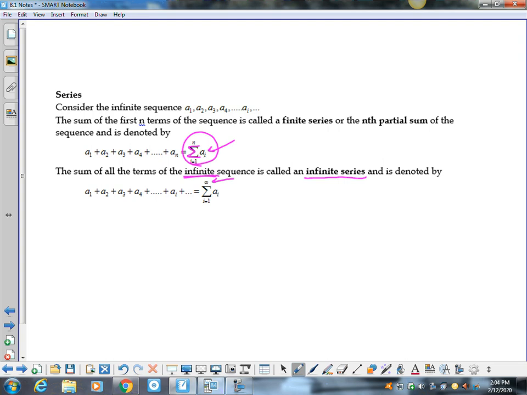Now, let's wrap your brains around that for just a second. You're going to find the sum, like a number, of a series that never ends.